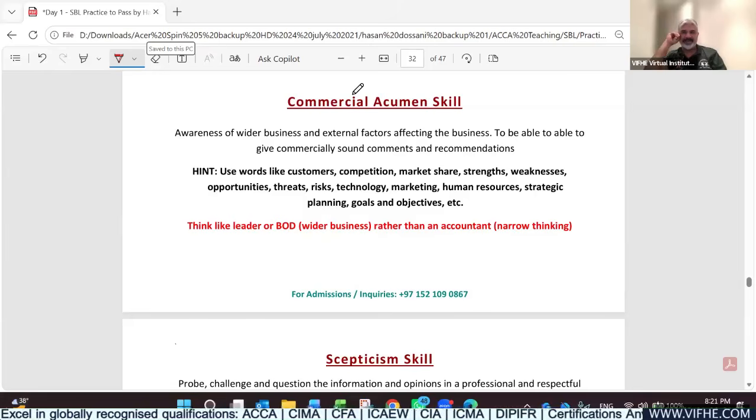Okay, let me test another scenario. Are you guys ready for another scenario? The staff turnover increased by 50% this year. Is that good or bad? Let's go step by step. That's bad, right? Staff turnover means that your staff is leaving you. 50% people left you. Give me two or three possible reasons for high staff turnover.